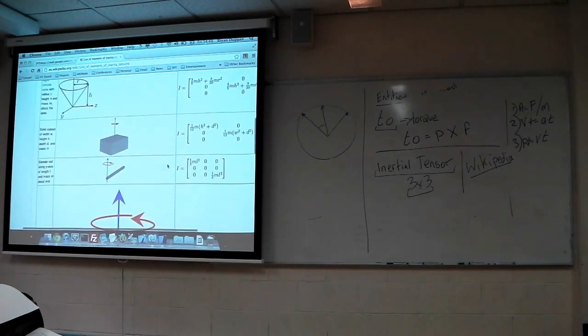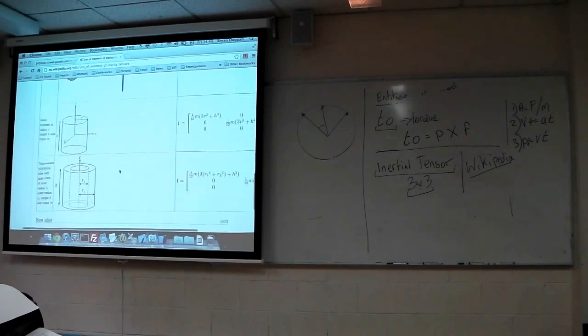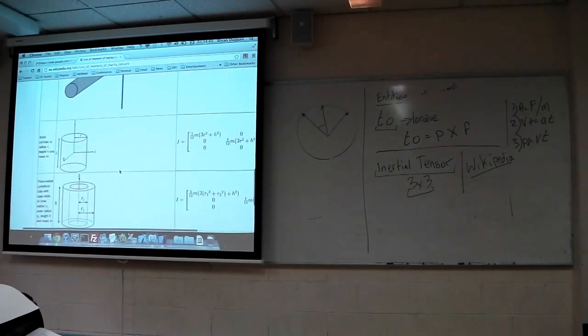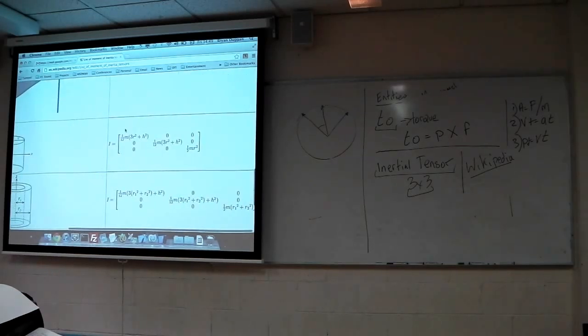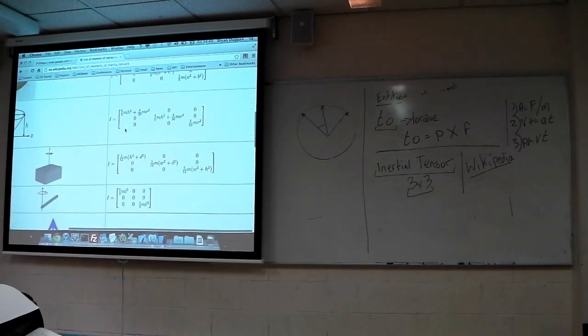Right circular cone, there's a slender rod which is oriented along the y-axis, and various different things. There's a different one with a different orientation, and a solid cylinder. These inertial tensor tables are all coded into physics engines for generating inertial tensors. Okay, so the inertial tensor describes how the object is going to be affected by torque.